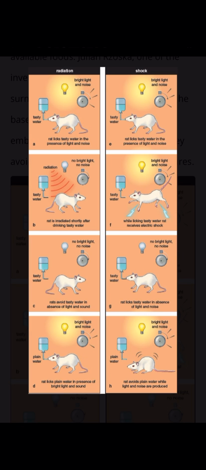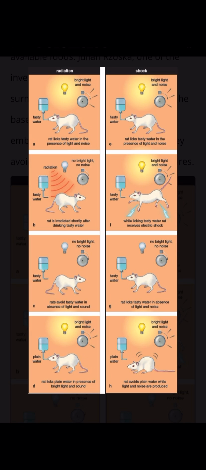So that brings us over to the other column, the shock column. You look at square E. The rat is being conditioned to associate the bright light and the noise with the water. The rat gets shocked when it drinks the water. No bright, then square G. If the light and the noise are off, the rat will drink the water.